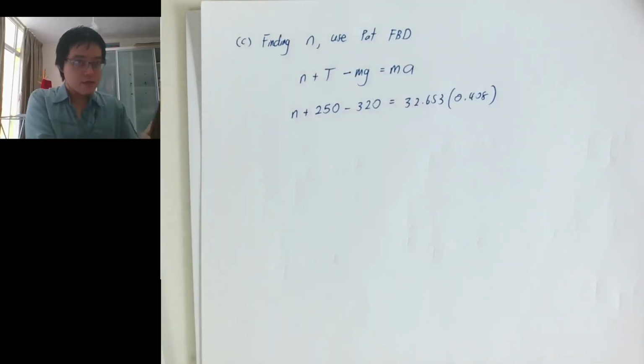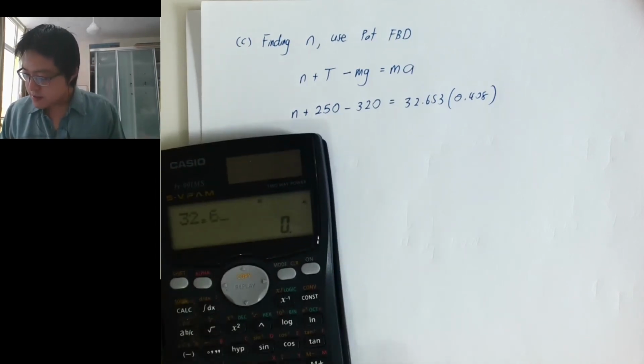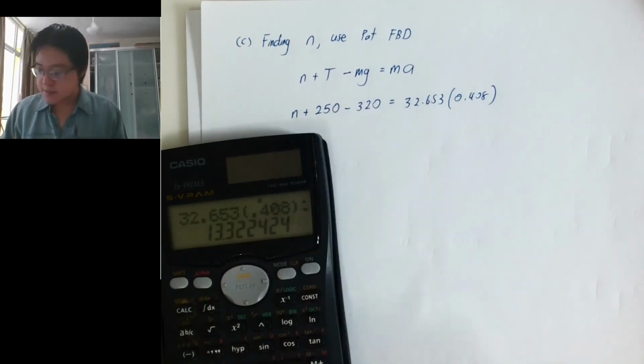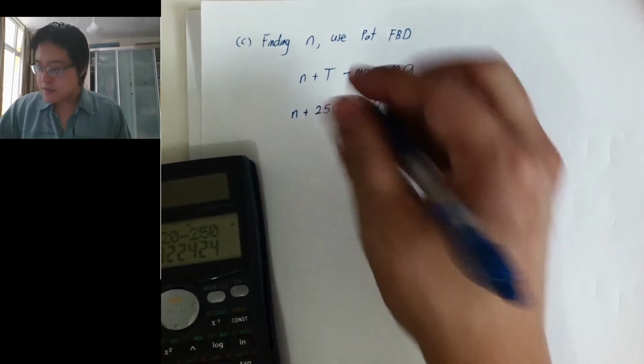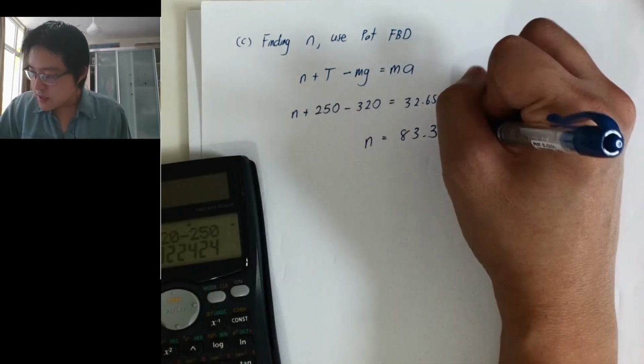So 32.653 times 0.408, and then plus 320 minus 250. So it is 83.3. So N is equal to 83.3 newtons.